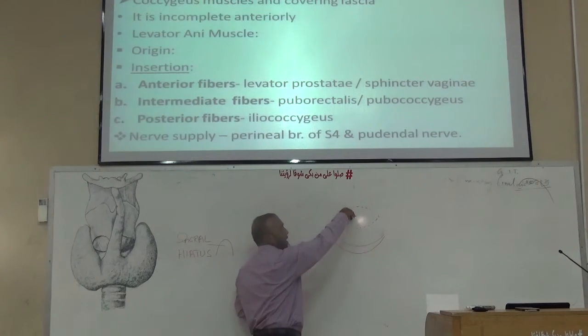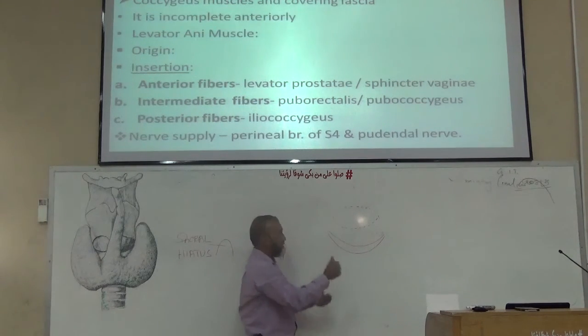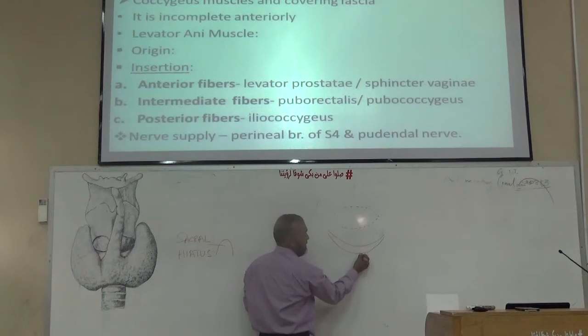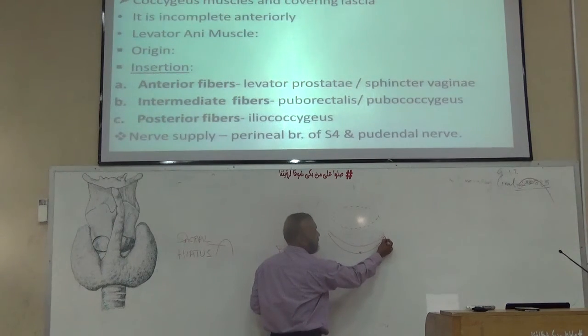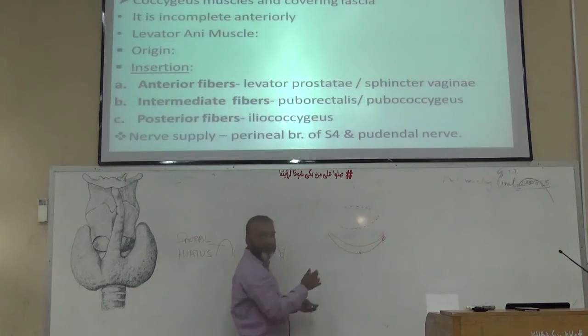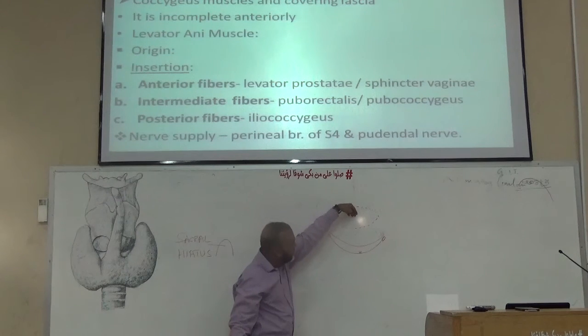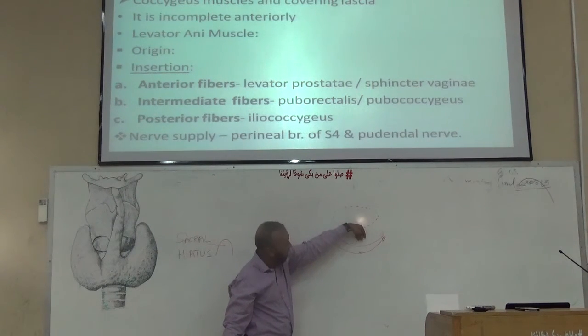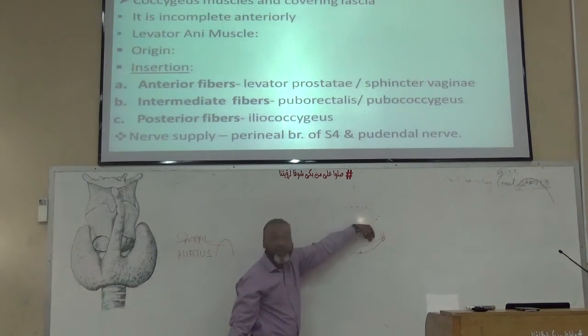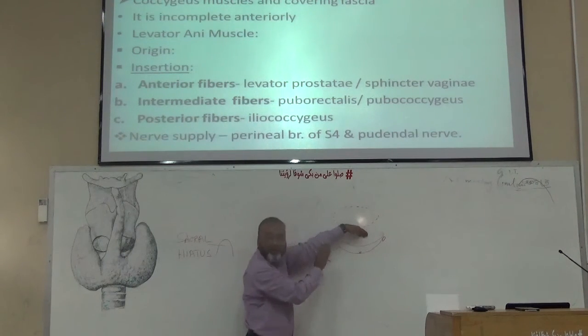Then you enter into the pelvic cavity proper, where we have the boundaries: the tip of the coccyx and the tuberosities on the lateral side. Entering from the pelvic inlet, you come to the pelvic cavity, and this is the outlet.